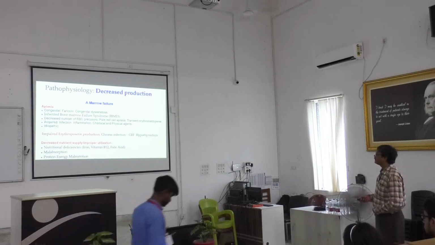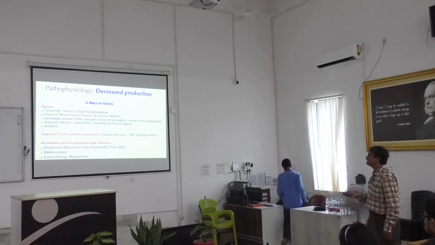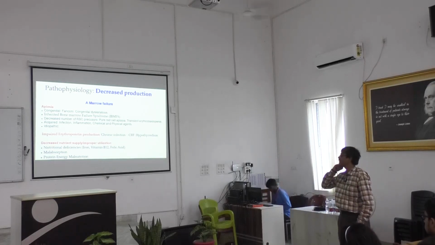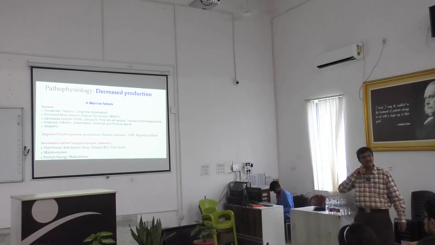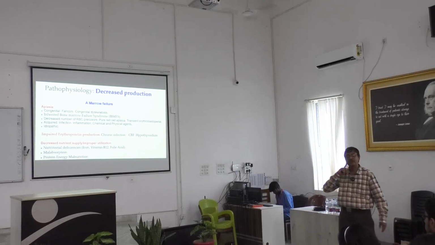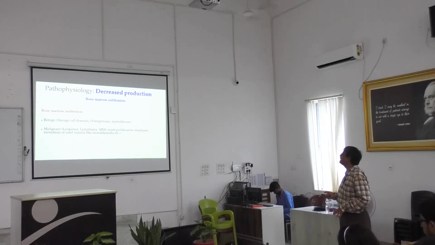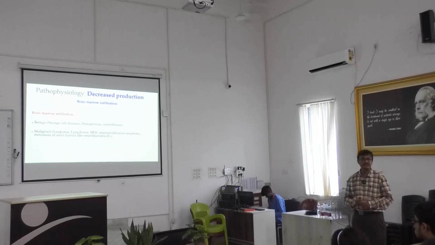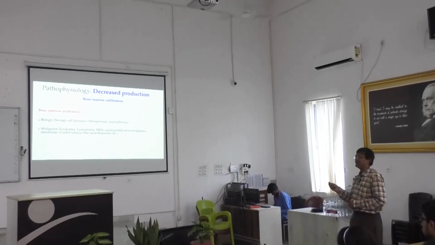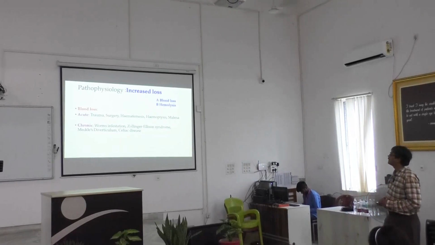So impaired erythropoietin production due to chronic infection will come later, and decreased nutrient supply may be due to nutritional deficiency or excess loss by malabsorption, like again protein-energy malnutrition. So all these 3 factors operate in decreased production, and the last one is the bone marrow infiltration by storage disease and malignancy, these things. So blood loss may be acute and chronic.